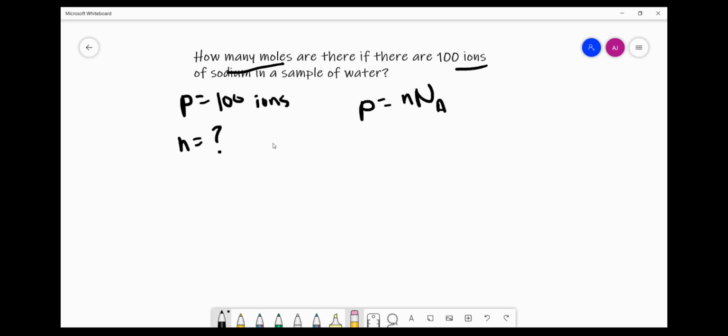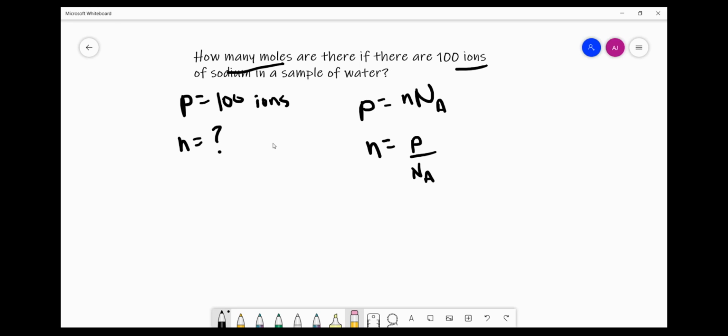Particles is equal to moles multiplied by Avogadro's number. In this case, I'm trying to find moles, and so I'm going to rearrange this equation to solve for the number of moles.